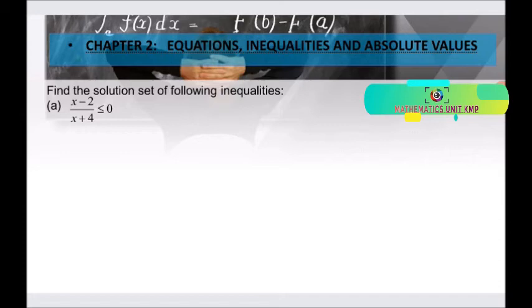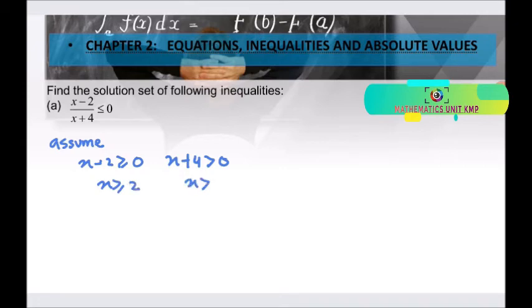So to use real number line, we need to assume first x minus 2 greater or equal to 0, x plus 4 greater than 0. So we'll get x greater or equal to 2, x greater than negative 4.